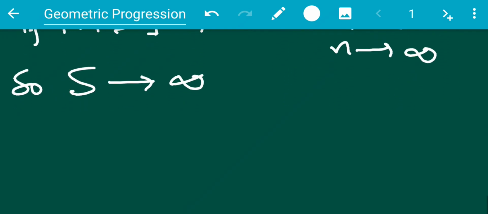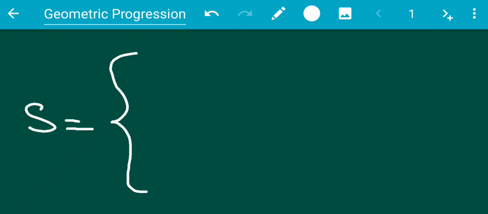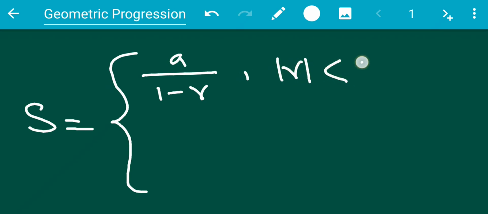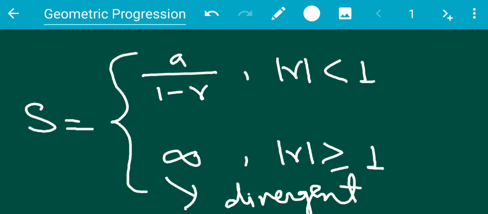Okay, so finally we can understand that the summation S can take two values: a by 1 minus r if mod r is less than 1, and infinity if mod r is greater than or equal to 1. In sequence terms, this is called divergent. The geometric series is divergent when mod r is greater than or equal to 1, and the geometric series converges when it has a definite value a by 1 minus r.